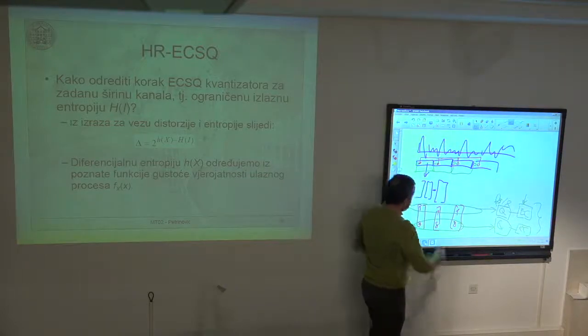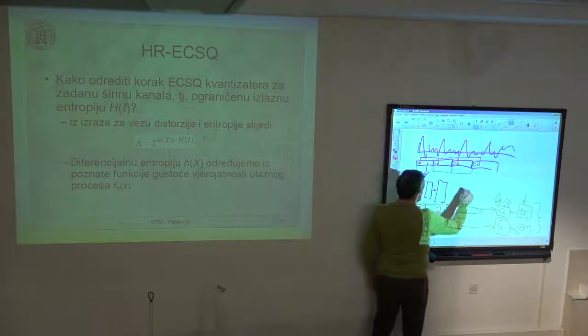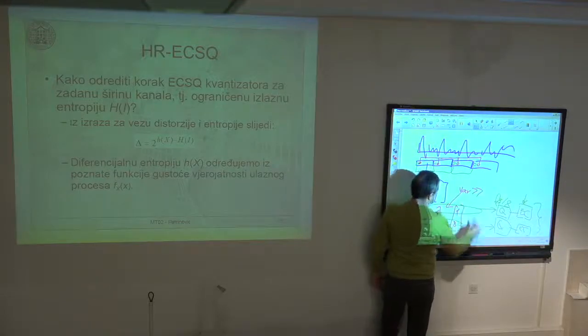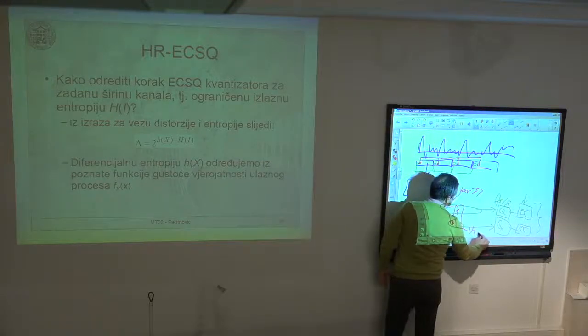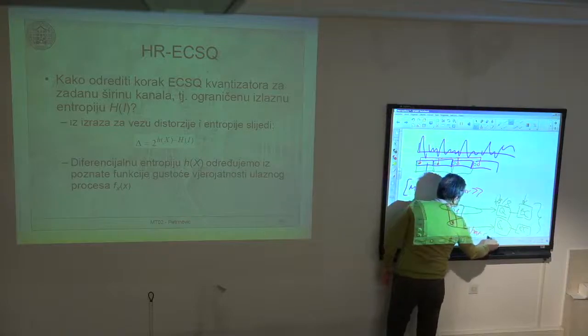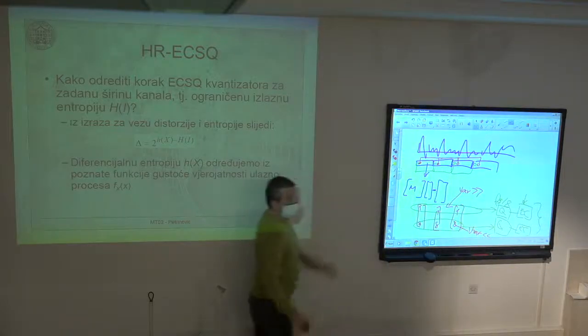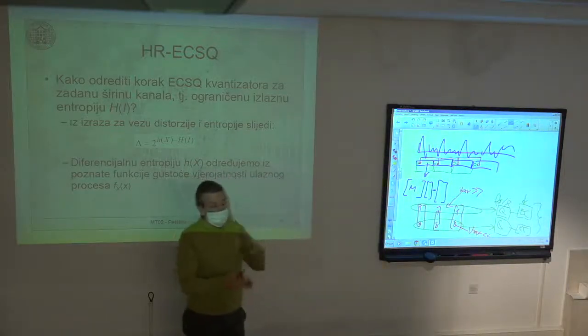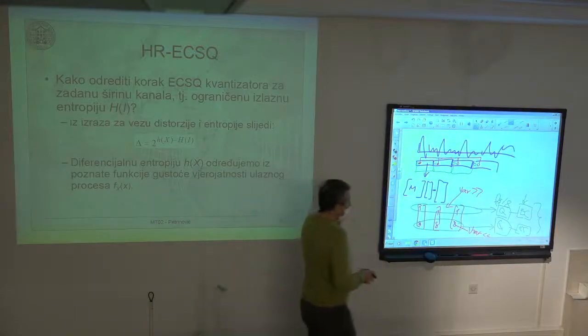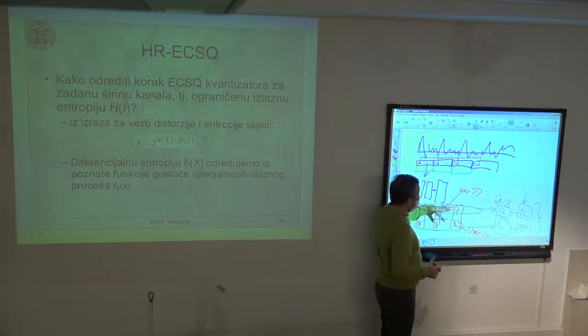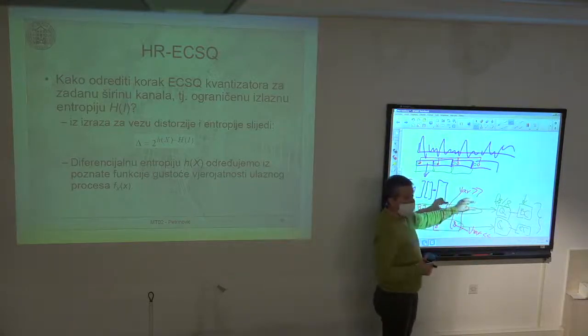But here, this variance would be the largest, and this variance would be the least. Okay? So you have a different distribution of variances. And if you measure the quantity of information based on the variance, then you would say this channel conveys most of the information.